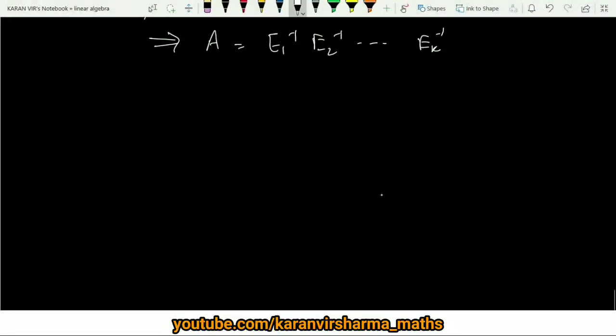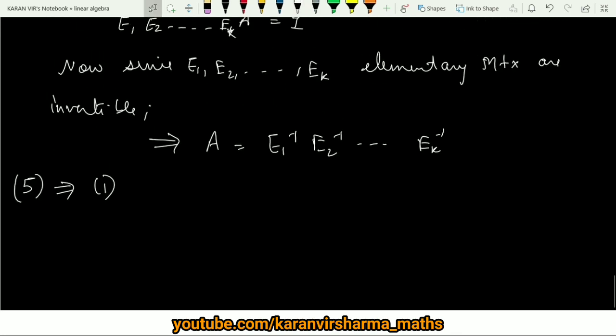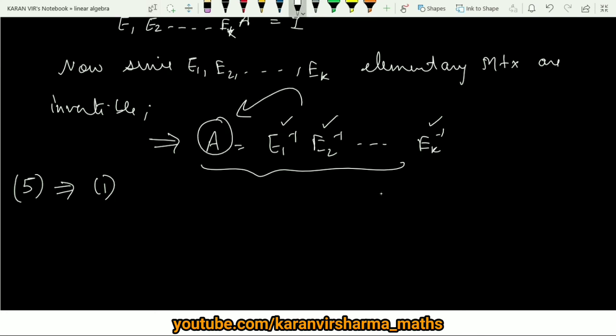The last thing I need to prove before completing this proof is that 5 must also imply 1. You can easily verify this from the above equation. Since each of E1 inverse, E2 inverse and Ek inverse is invertible and this product is equal to A, A has to be invertible. So that is what I wish to prove from fifth implies 1.